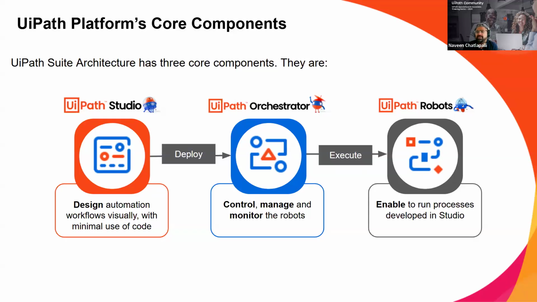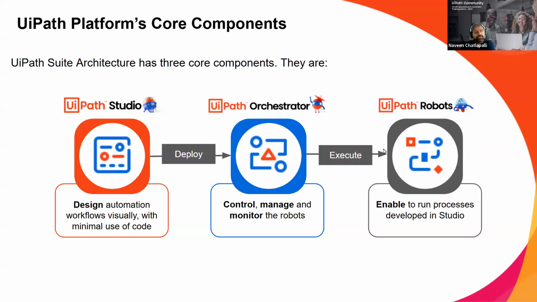It can be folders, jobs, queues, many things. Think of this as the central warehouse or the main system which targets which automation has to be running in which machine. This is the middleware which targets the Studio as well as the robots.